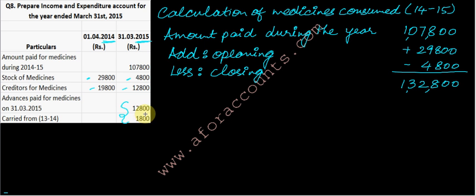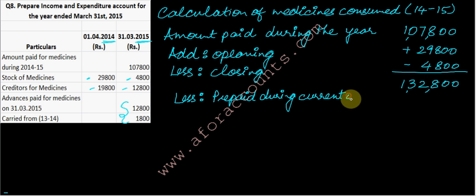We know that it is add outstanding, less prepaid. So less prepaid during the current year. Prepaid during current year is 12,800.